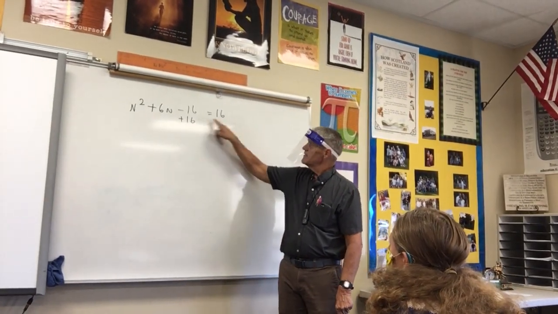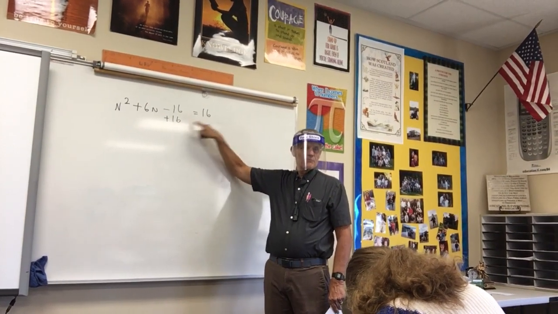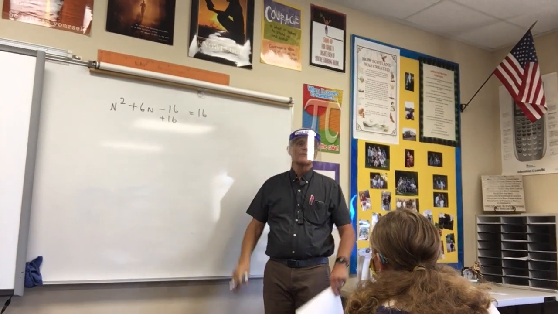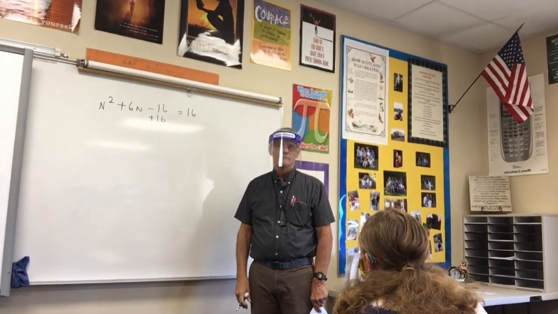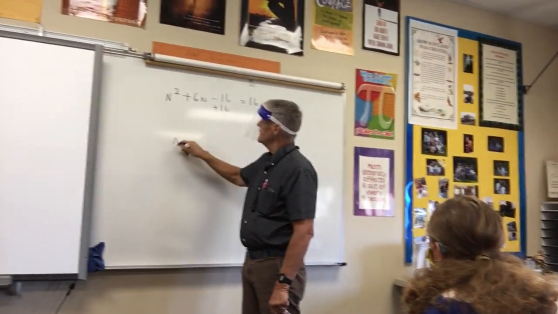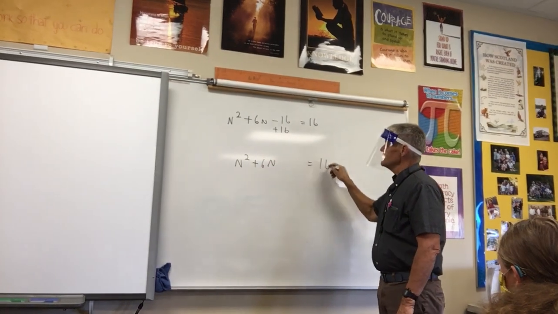I can add anything I want as long as it's to both sides, just like if I have a scale. As long as I put the same weight on both sides, the scale stays balanced. Okay? So n squared plus 6n equals 16.